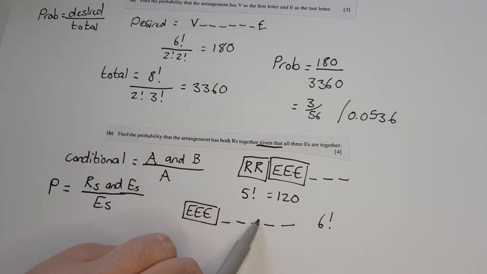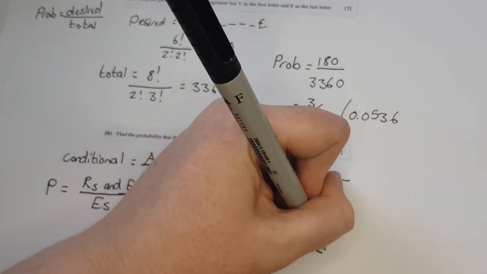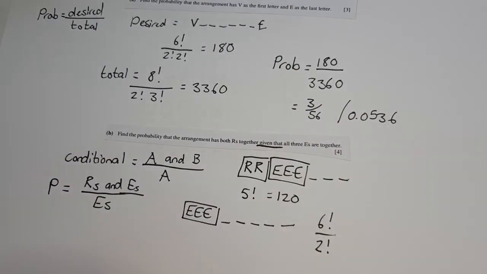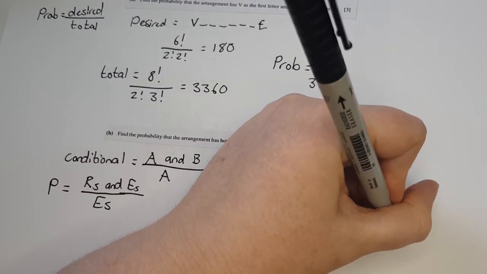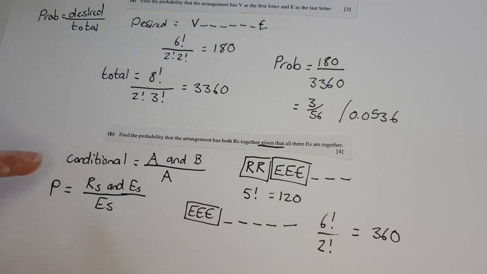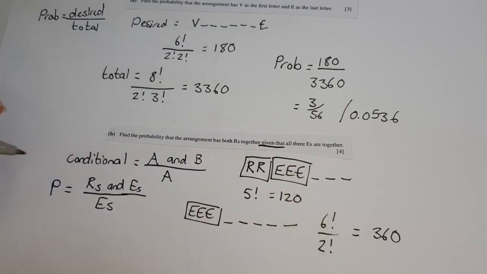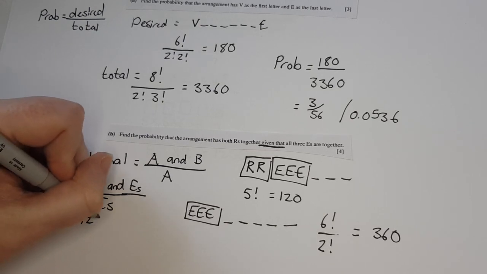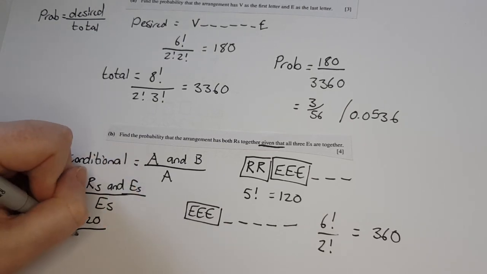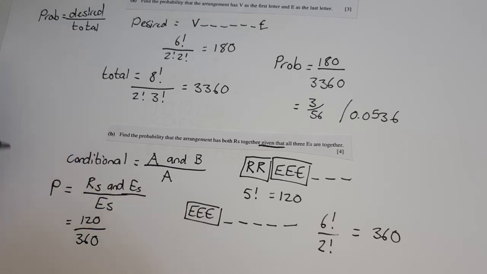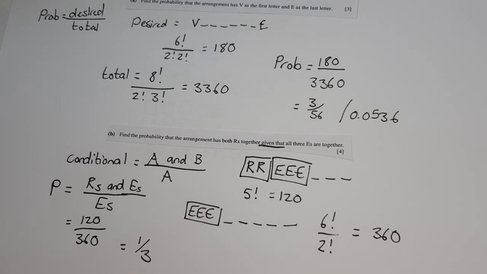But in all of these other letters, there's still going to be 2 R's. So we're going to remove the 2 factorial for the 2 R's. And when you put that in your calculator, you get an answer of 360. So our probability was the R's and the E's together of 120 divided by just the E's together of 360 to give us an overall probability of 1/3.